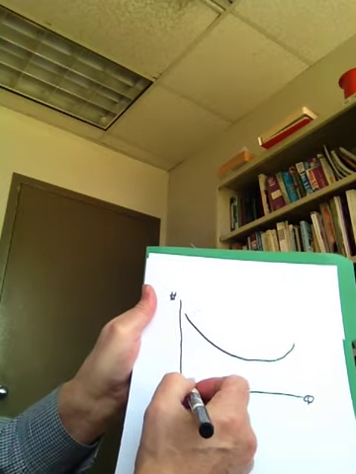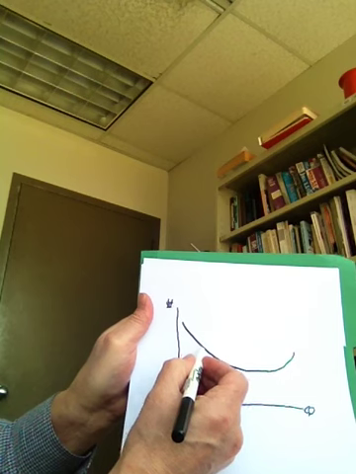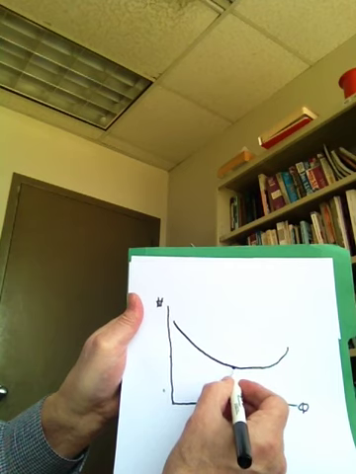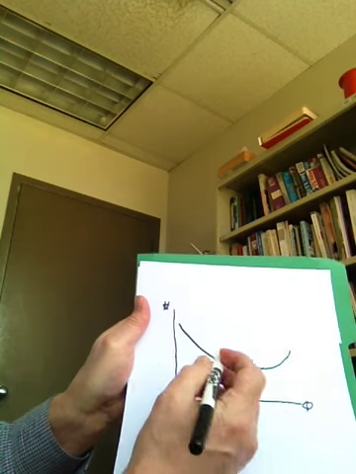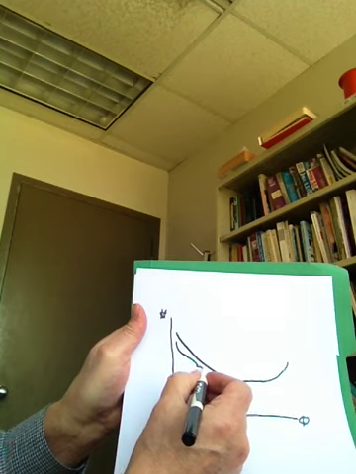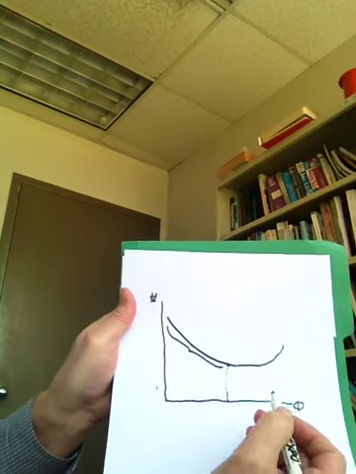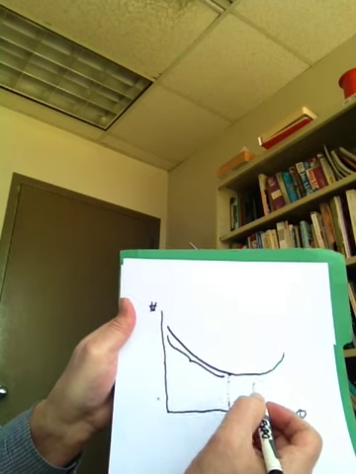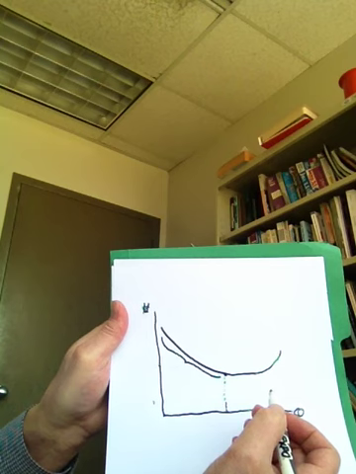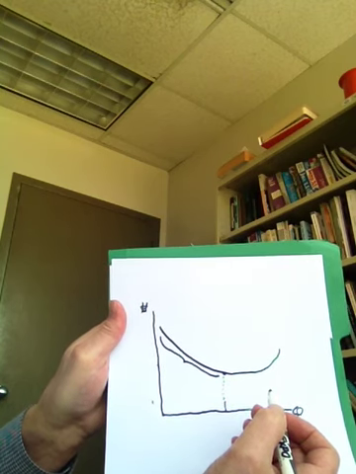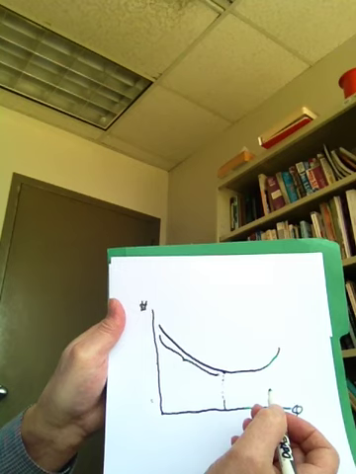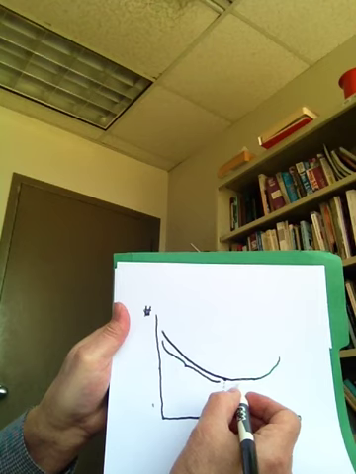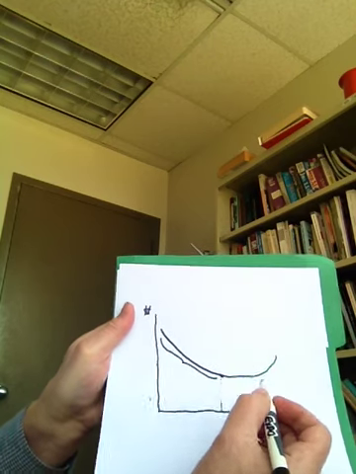Notice that as the firm grows larger, the long-run average total cost curve is falling. We might say that here the firm is experiencing economies of scale as it grows larger, larger, larger. We can define an economy of scale as having the firm size necessary to produce most efficiently, having the firm size necessary to produce at the lowest per unit or average costs.